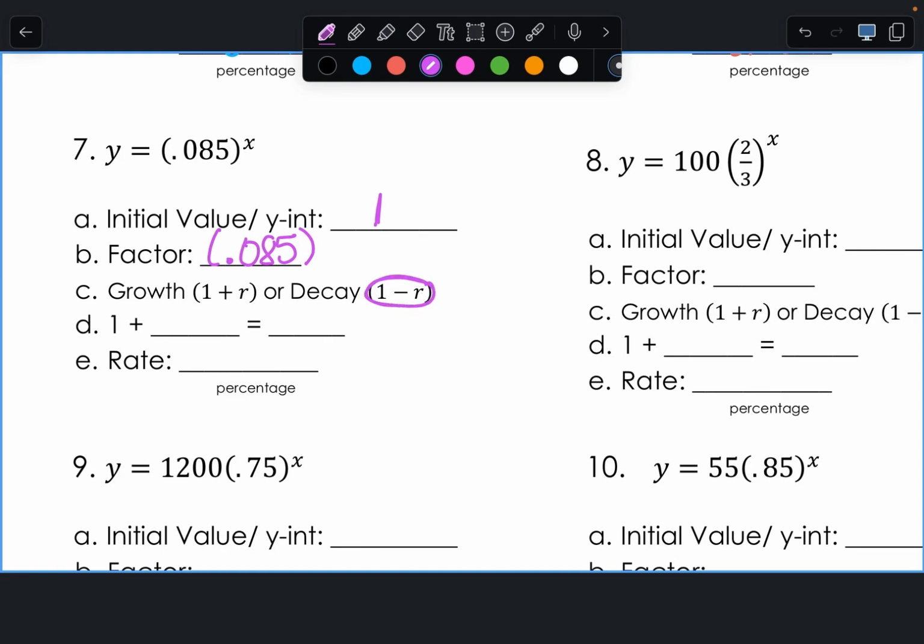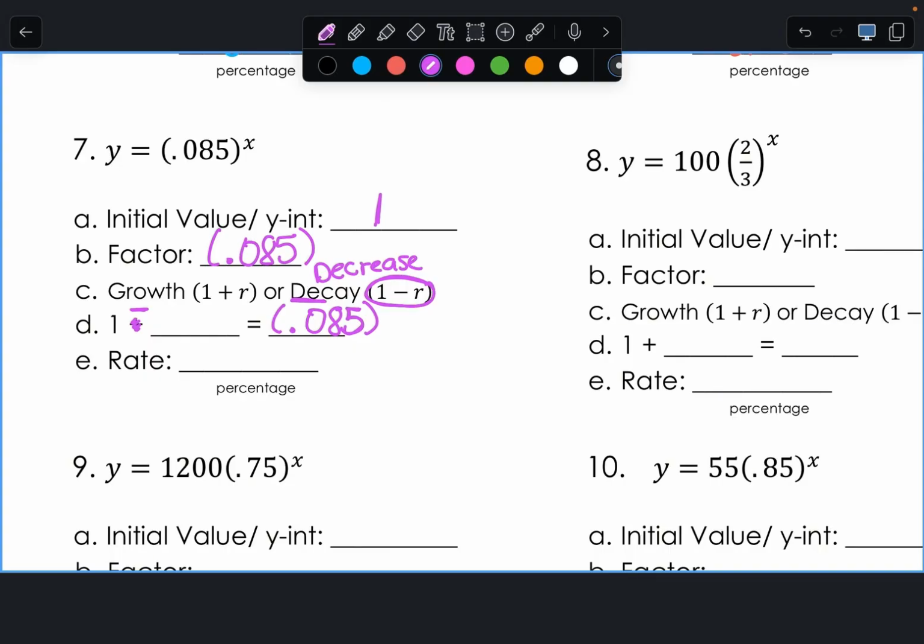Decay. Now, think hard. Decay means to subtract, so we can just change it to a minus sign. What did I have to subtract to get to 0.085? How can I figure that out?